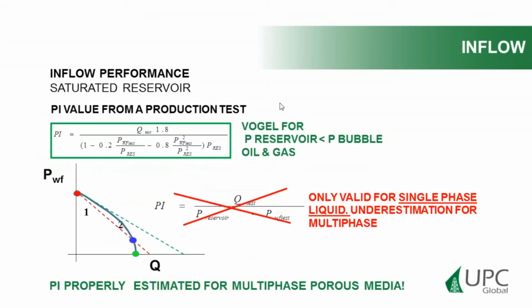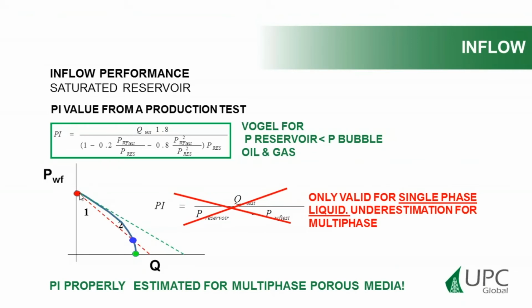When we are calculating the productivity index using a saturated reservoir, with the reservoir pressure below the bubble point, the equation to compute the productivity index is given by this. We cannot use this other one because it is only valid for single phase liquid. If I use this, I'm going to make underestimations. The color dots explain the situation.